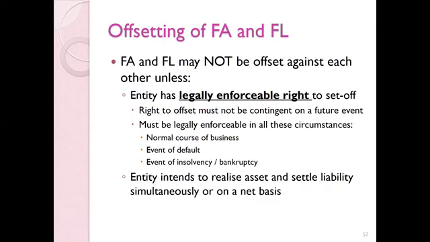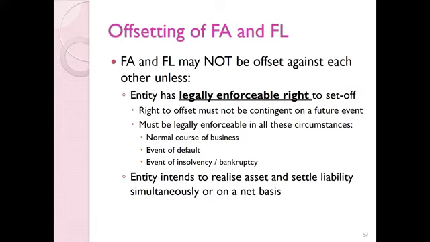In terms of offsetting financial assets and financial liabilities, okay, these may not be offset against each other unless the following is satisfied. So the first criterion is that the entity has a legally enforceable right to set off the financial asset and financial liability. That right to offset mustn't be contingent on something taking place in the future, on a future event.